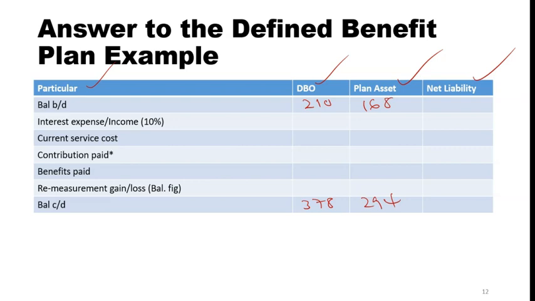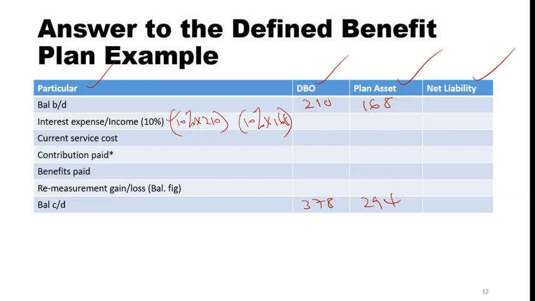Okay, and then the interest income, let's slot that figure. Let's make some computations. Okay, this is just 10% of these figures. So for the DBO, that's 10% multiplied by 210, and for the plan assets, that's 10% multiplied by 168.